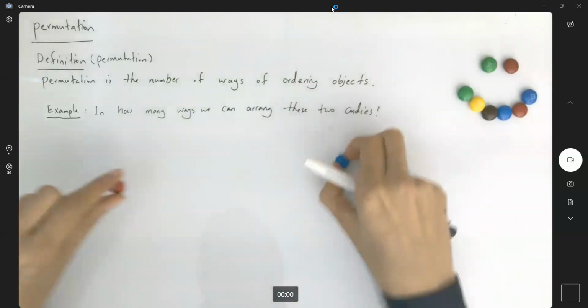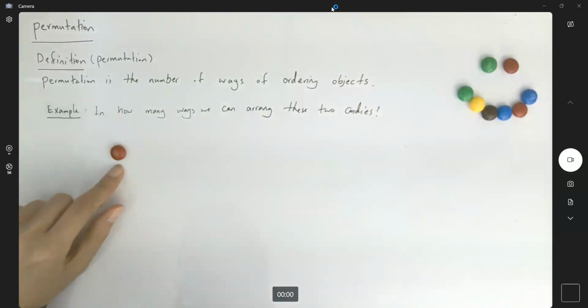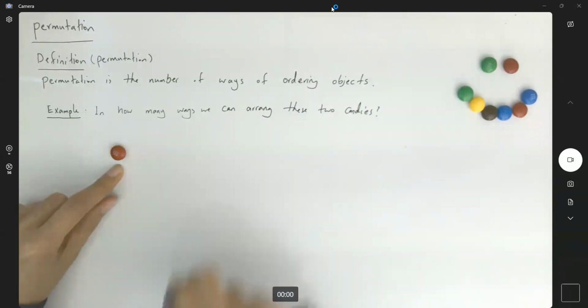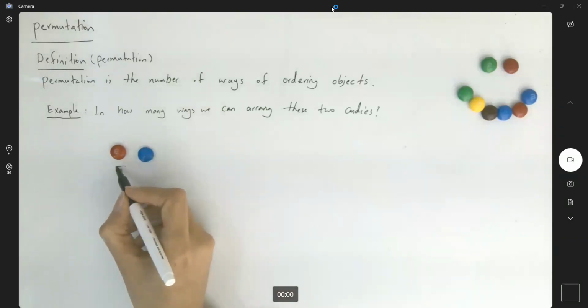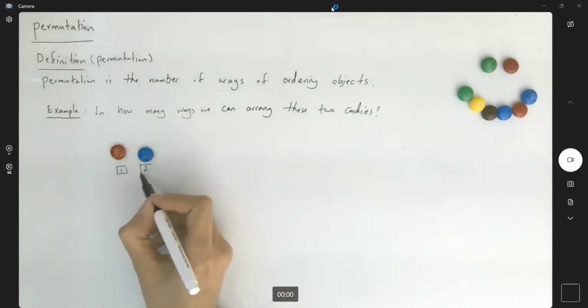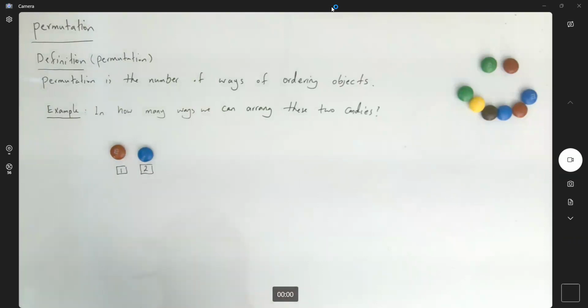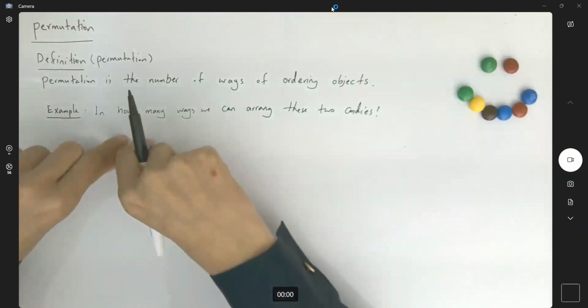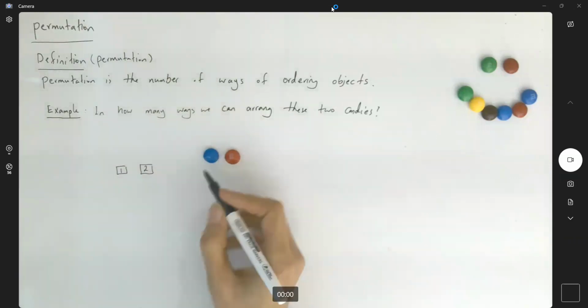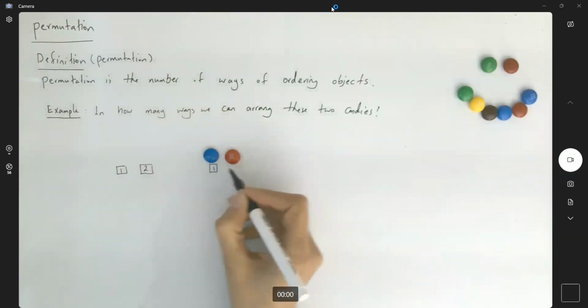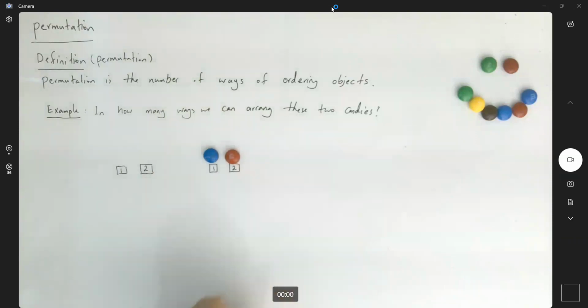The very first arrangement is red takes the first place, blue takes the second place. So this is our first option. Or you might say, hey, I want to have blue first, then red. So blue can take the first place and red can take the second place.